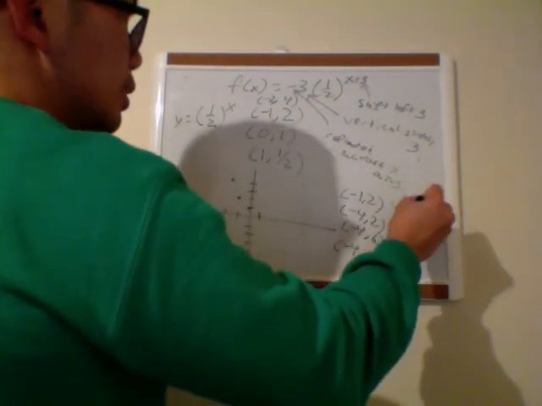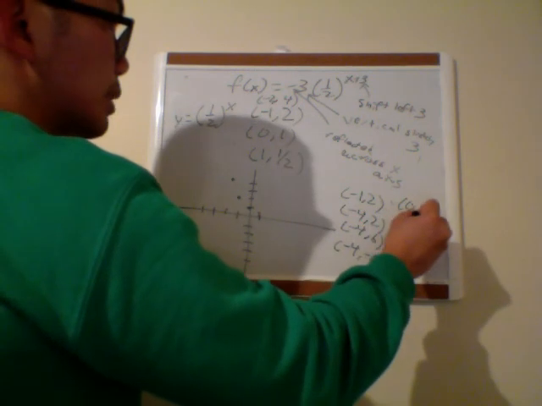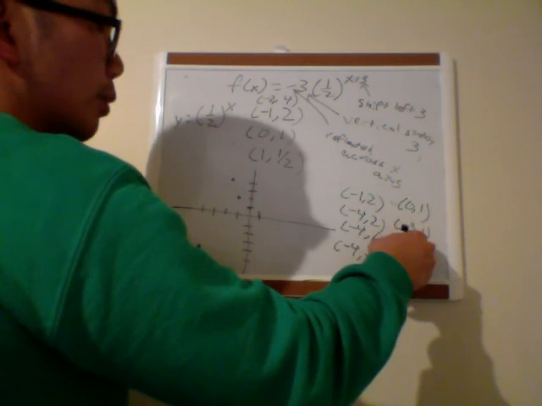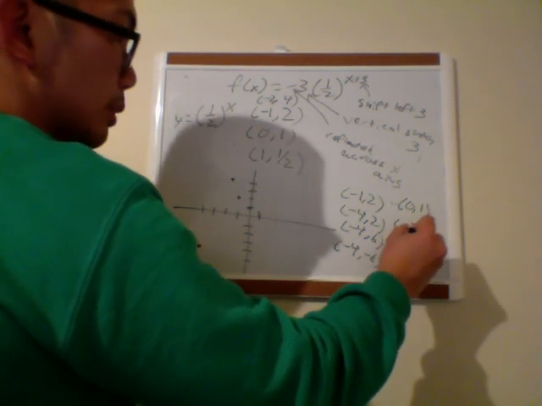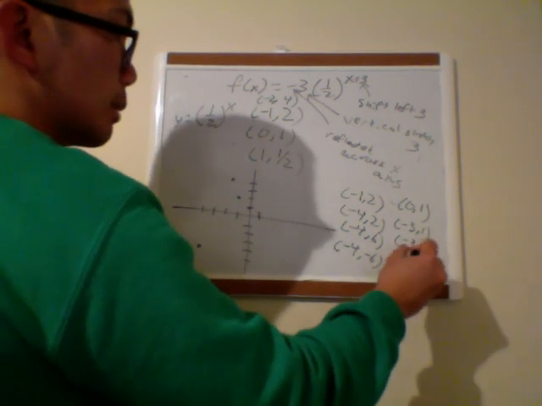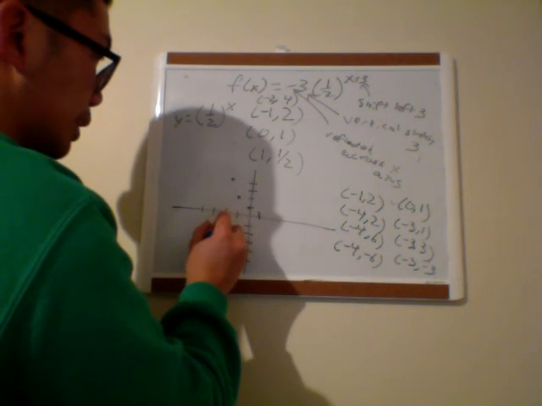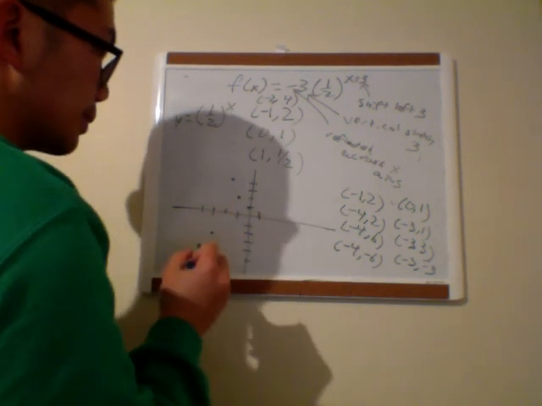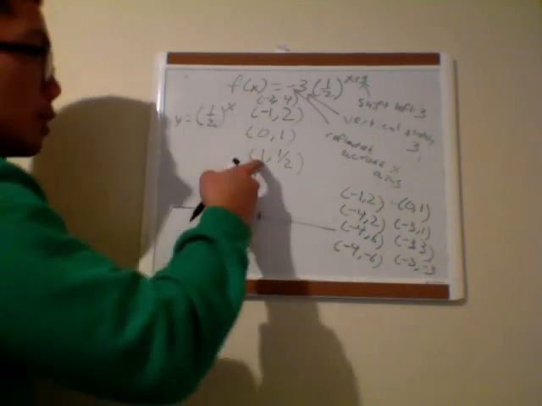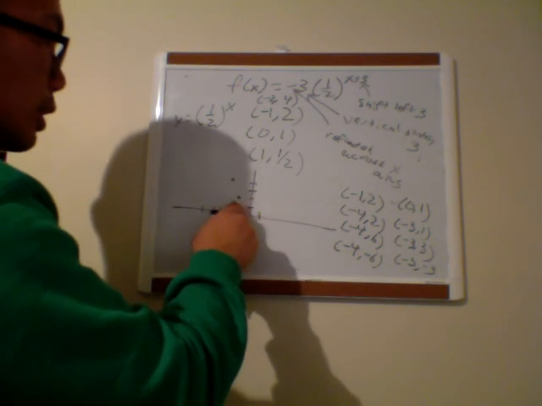(0, 1). Okay. What happens to (0, 1)? I'm going to move it to the left 3. That becomes (-3, 1). I'm going to stretch the y value by 3, so this becomes (-3, 3). And it's reflected across the x-axis. This becomes (-3, -3). So I know I have another point at (-3, -3). Okay. And this one, (1, 1/2). If I move it to the left 3, I'm going to go 1, 2, 3.